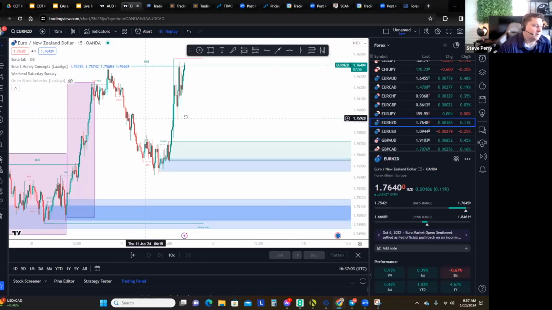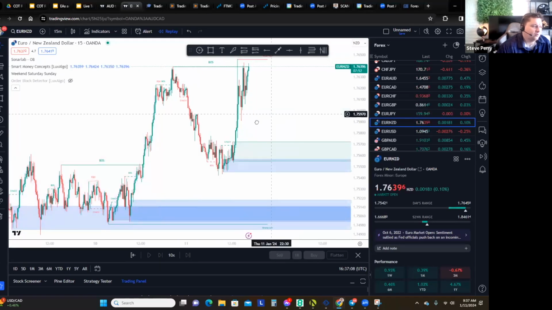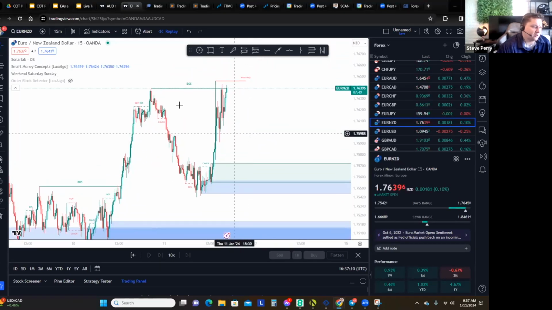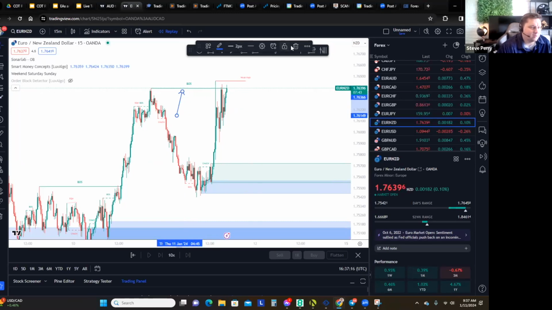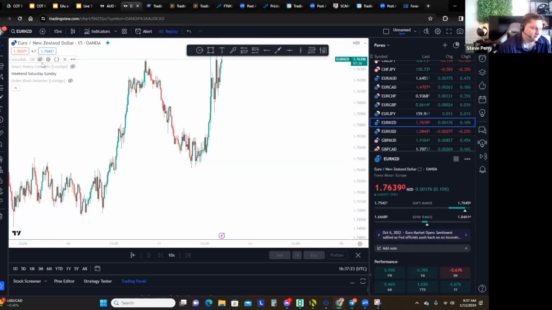Okay. Yeah, I don't really have a significant break of structure right here. They're saying that this is a break. Okay, maybe. If so, then that would mean that this is all liquidity down in here, right in this area.